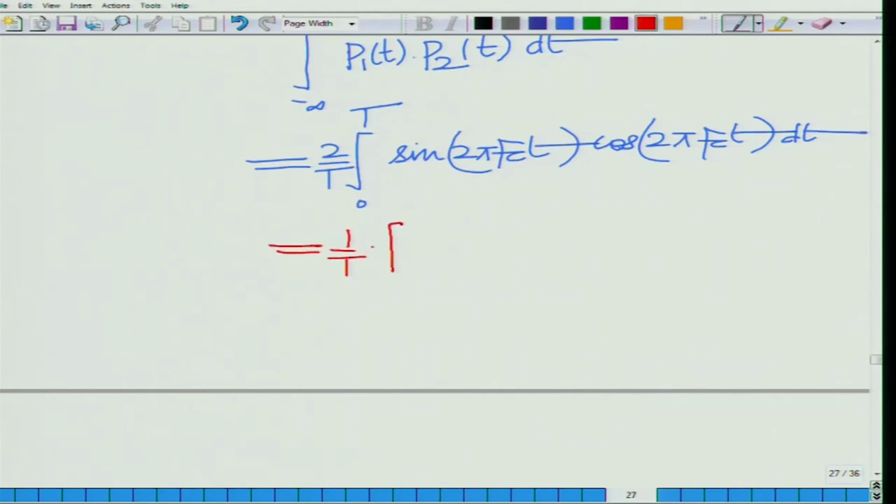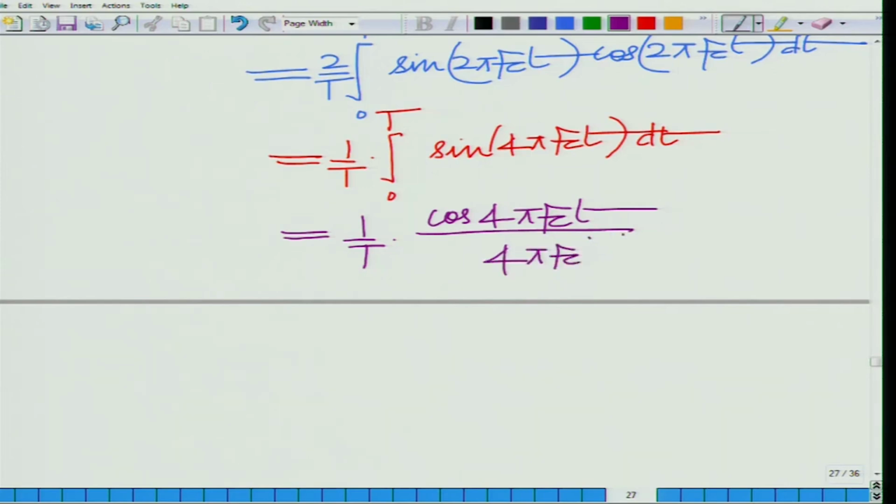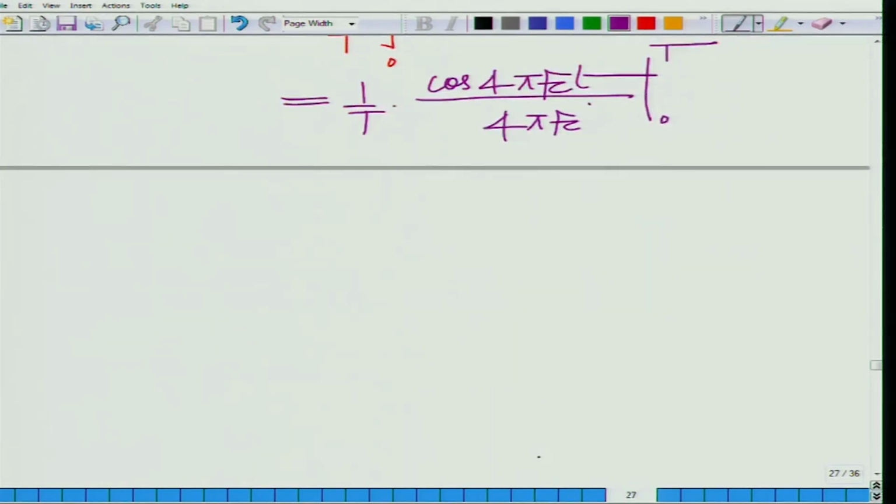This equals 1 over T, integral 0 to T of 2 sine theta cosine theta, which is sine 2 theta. So this is sine 4 pi f_c t dt. If you integrate this, it is 1 over T, integral of sine 4 pi f_c t is cosine 4 pi f_c t divided by 4 pi f_c between the limits 0 to T. Let me substitute the limits.